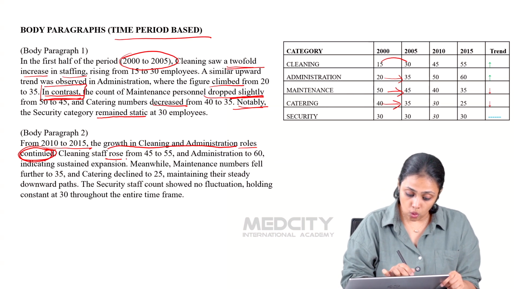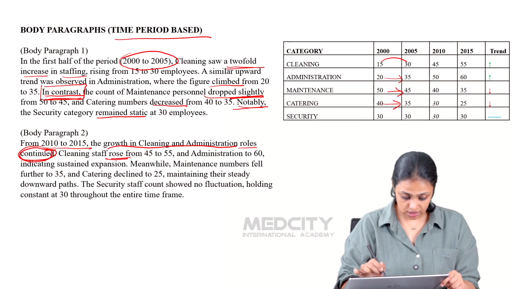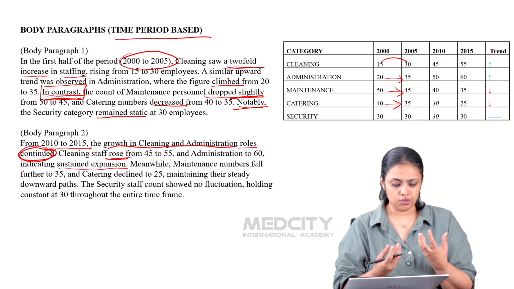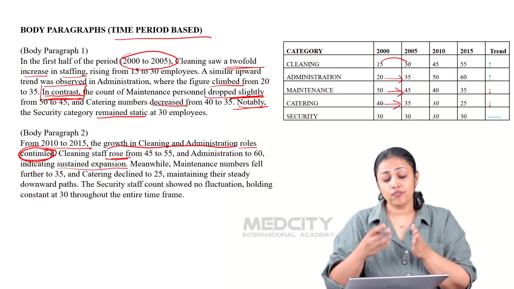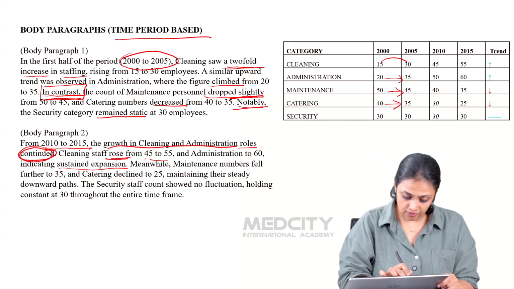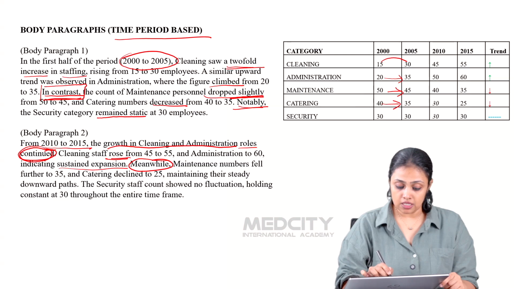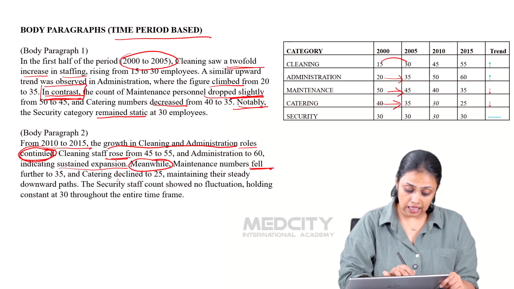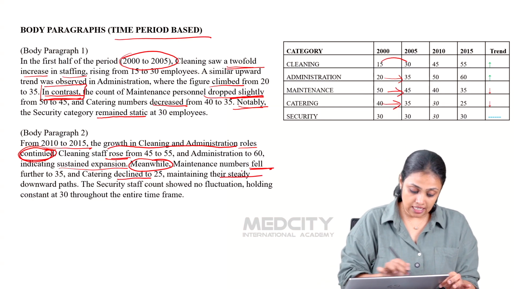Cleaning staff rose from 45 to 55 and administration to 60, indicating sustained expansion. Again, it's a good usage, that is like they have sustained that upward trend. They have carried forward that upward trend to 2010 and 2015. Meanwhile, again, to show a contradiction, maintenance numbers fell further to 35 and catering declined to 25, maintaining their steady downward path.